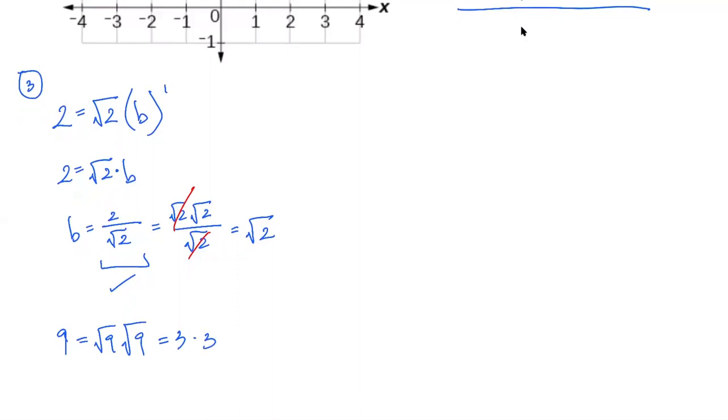Okay. So I did the same thing with the 2. I broke the top 2 into square root of 2 times square root of 2. And then I was able to reduce one of the square roots of 2 on the top with the square root of 2 on the bottom. Okay, cool.